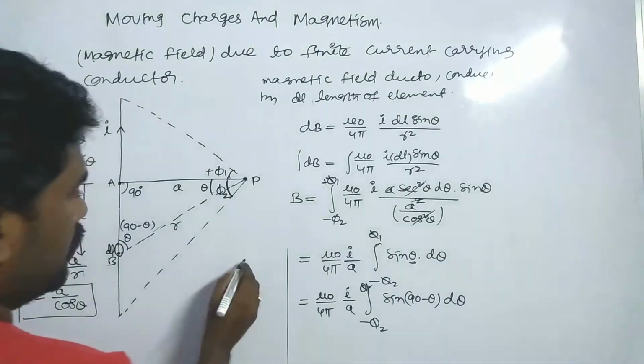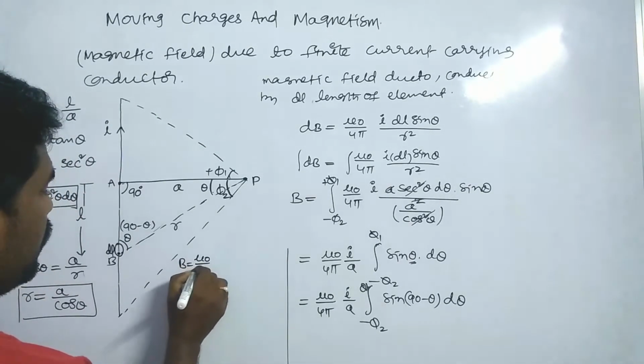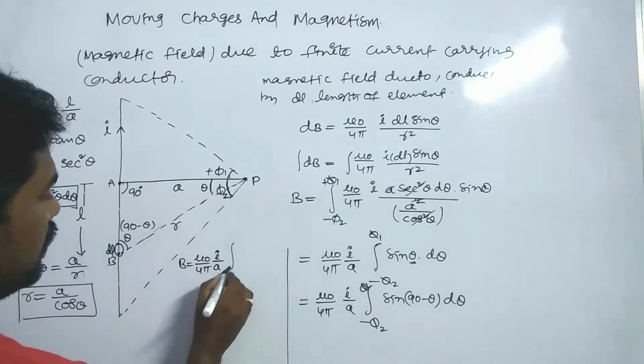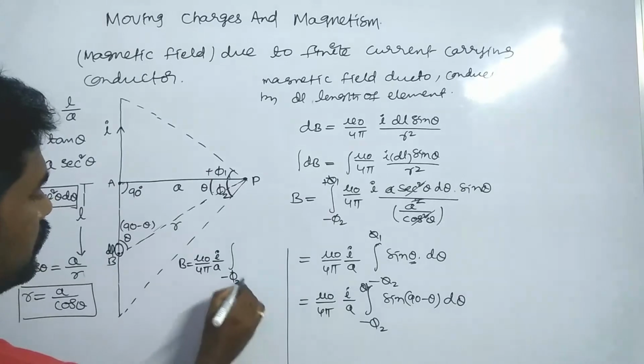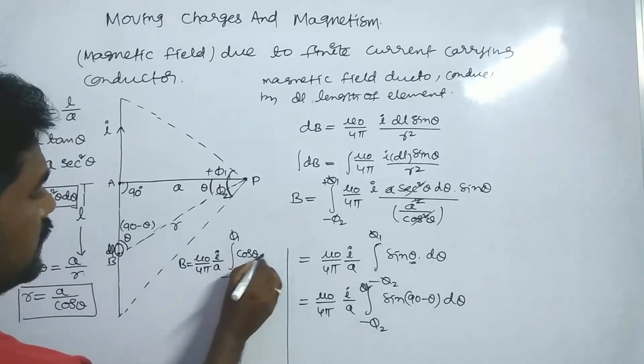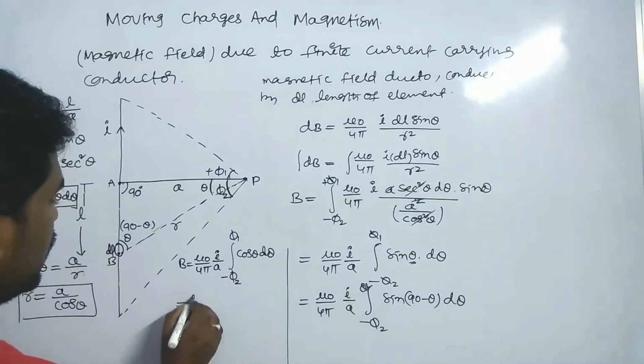Therefore, you can write here B is equal to mu naught by 4 pi I by a integral of minus phi 2 to phi 1 cos theta d theta. The integral of cos theta d theta is equal to sin theta.